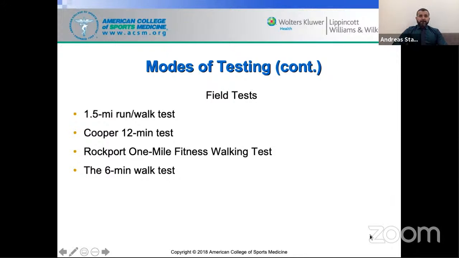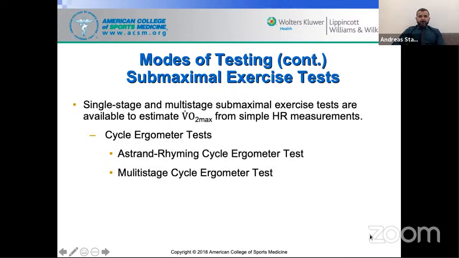And then we also have the very popular 1-mile Rockport fitness walking test, just walking, and the 6-minute walking test, which again is walking. The Rockport is about how much time, and the 6-minute walking test is how much distance you can cover in 6 minutes. We have single-stage tests and multi-stage tests. Astrand-Rhyming is a single-stage test, and the YMCA, for example, is a multi-stage ergometer test.